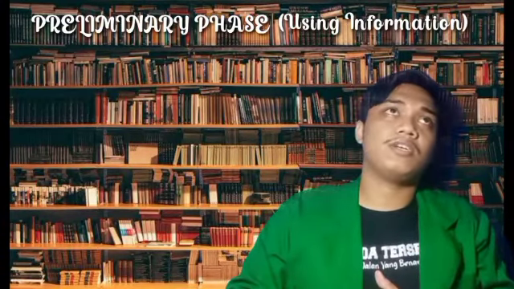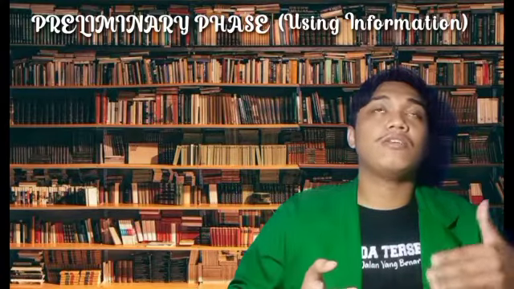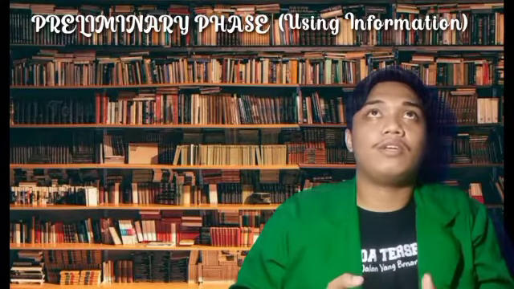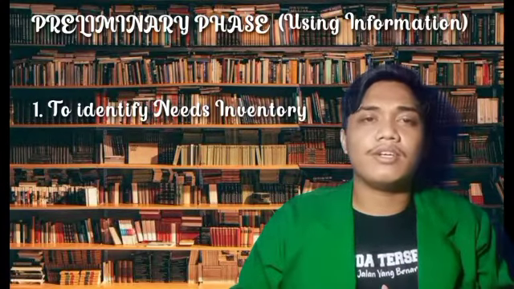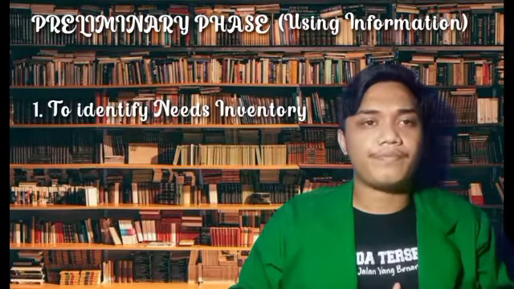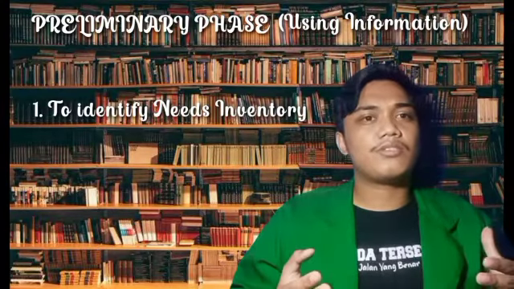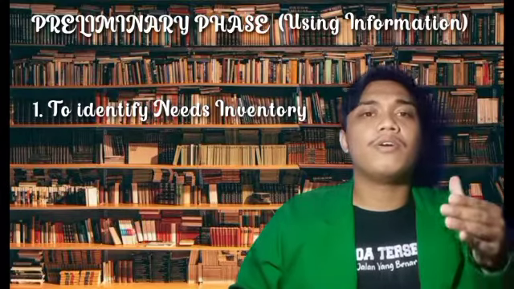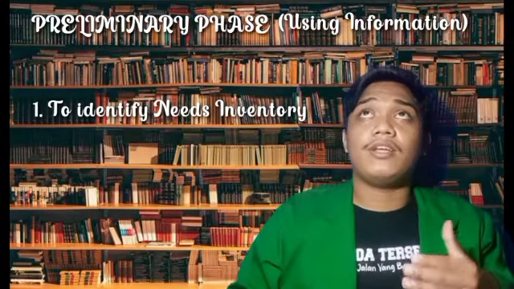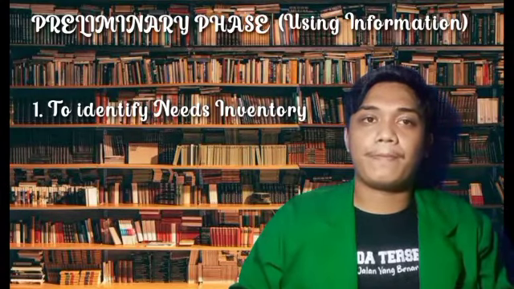The first is using the results of the need analysis to identify the needs inventory. Things to include in the needs inventory are the core information available in the questionnaire.